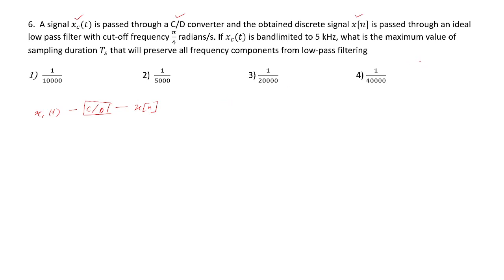This is passed through a low pass filter with cutoff frequency pi by 4 radian, and you want to preserve all the frequency components.